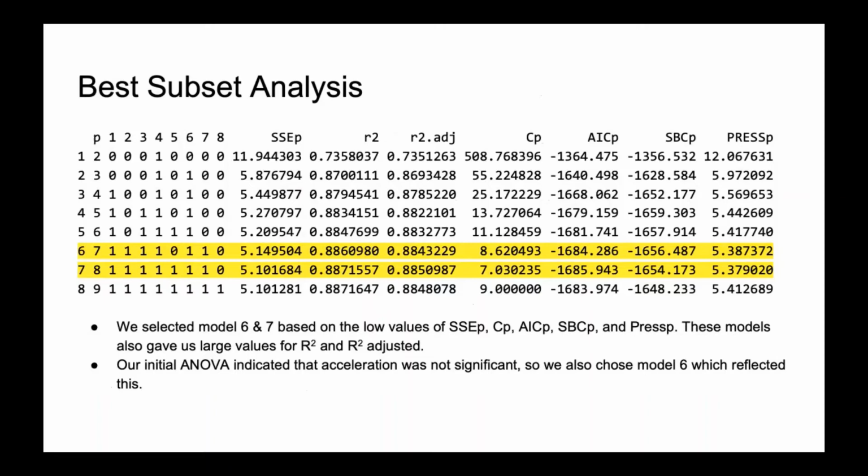Originally, we looked at model 7 here because it had the best SEP, R squared, adjusted R squared, CP, AICP, SBCP, and PRESS-P values. But we also looked at our initial ANOVA and said, well, number 6 is extremely similar to it, so let's move along with that one.